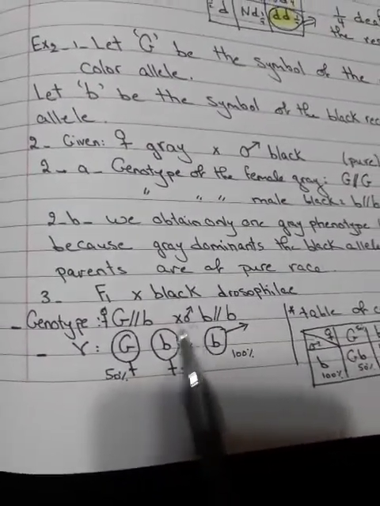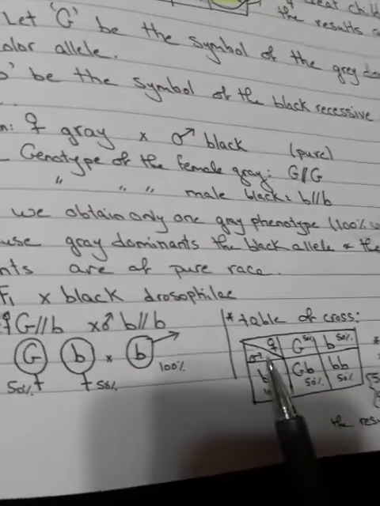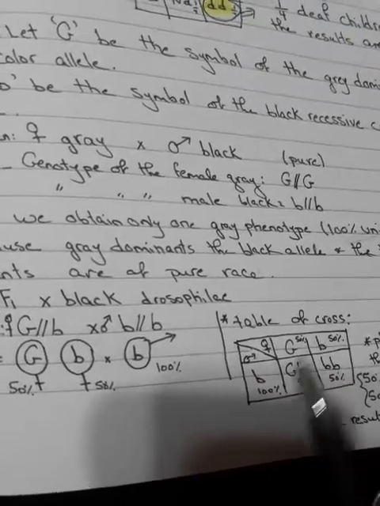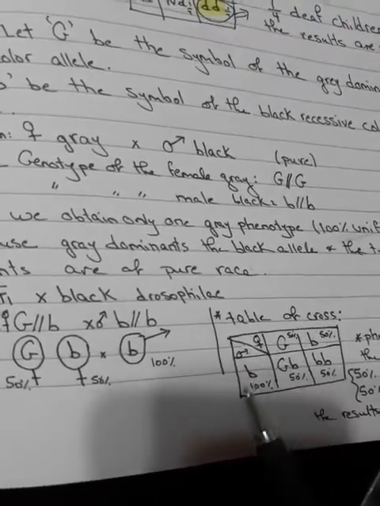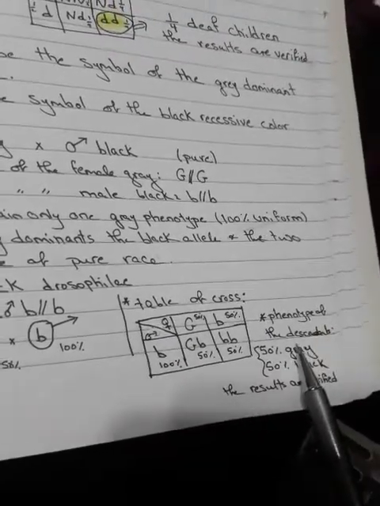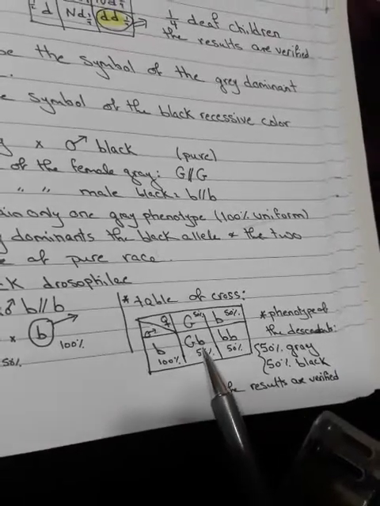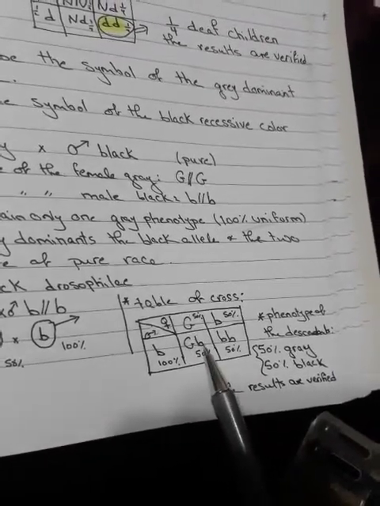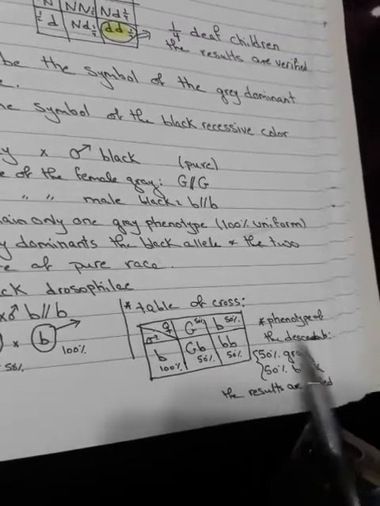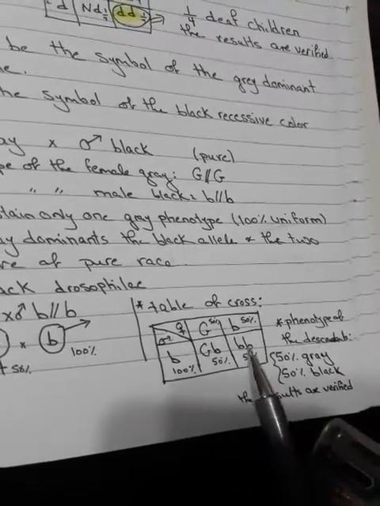Now with respect to the male, 100% B, and directly after it, the table of cross: you put the gametes up and then you cross each gamete, female with male, to get the zygote, and you write the phenotype of the descendants. 50% GB, and gray dominates black, it means 50% will be gray Drosophila bodies, and 50% BB, it means 50% will be black.